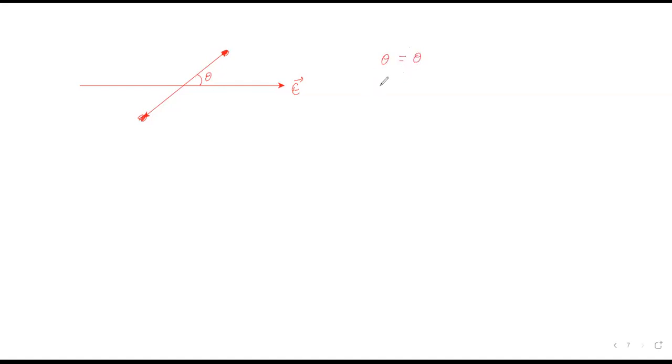Then the dipole will try to align in the direction of the electric field. Hence, we can say the tau restoring. Do you know about the restoring force? A restoring force will act upon this dipole, which will try to align this dipole parallel to the field.